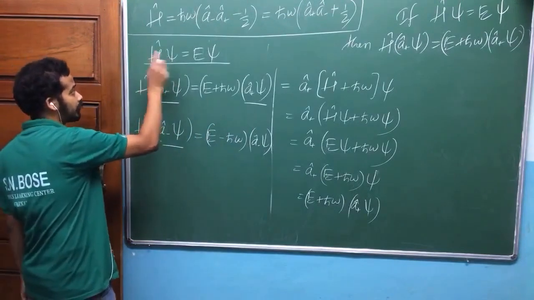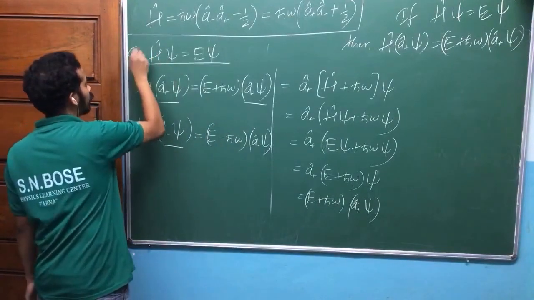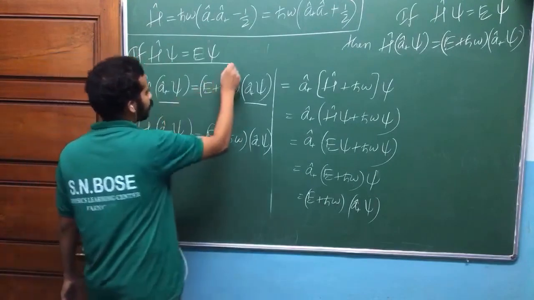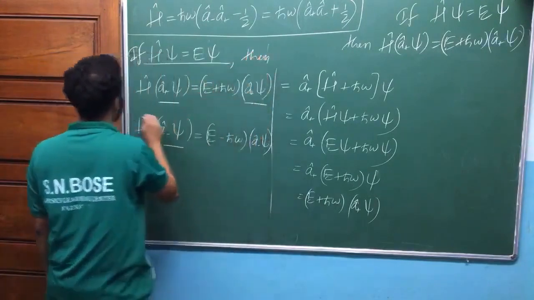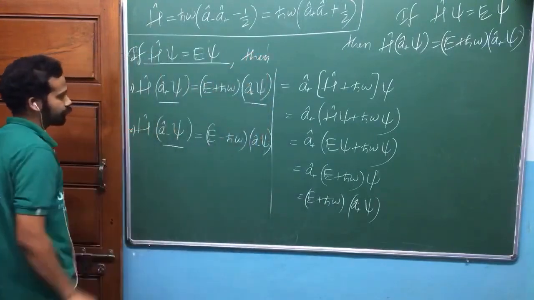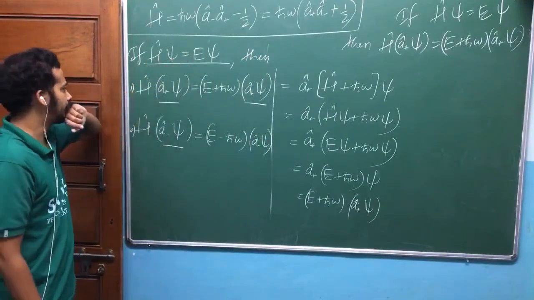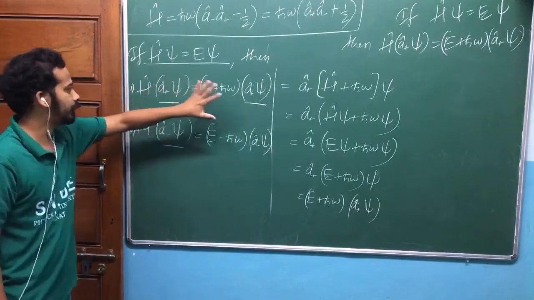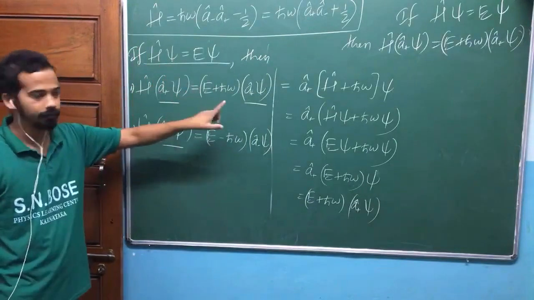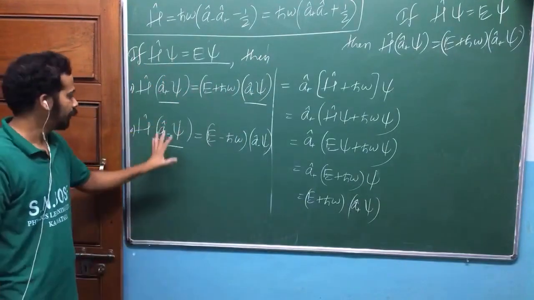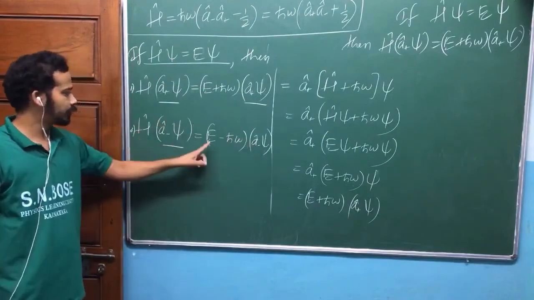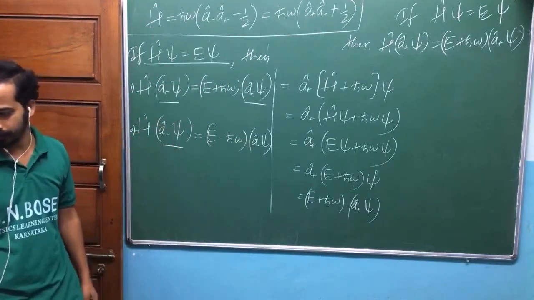If psi satisfies Schrodinger equation, can I write like this? These two will happen. If psi satisfies Schrodinger equation with energy E, then a plus psi satisfies the eigenvalue equation with energy E plus h bar omega. a minus psi satisfies Schrodinger equation with energy E minus h bar omega.